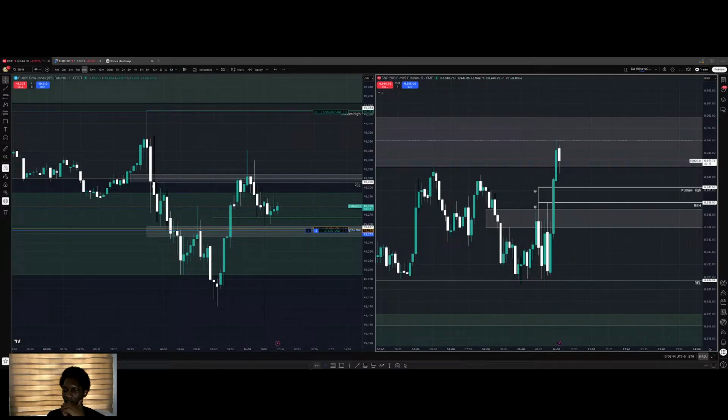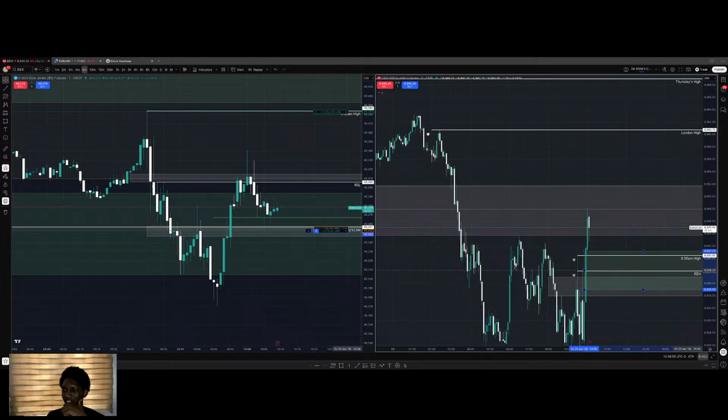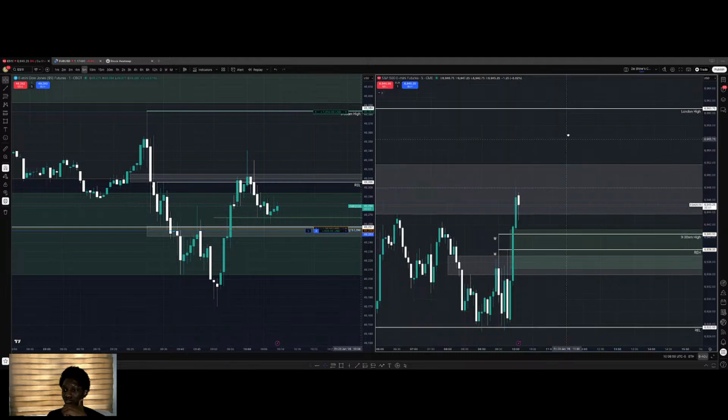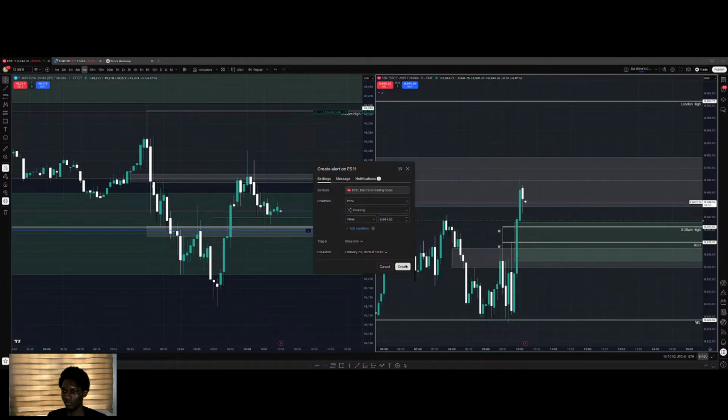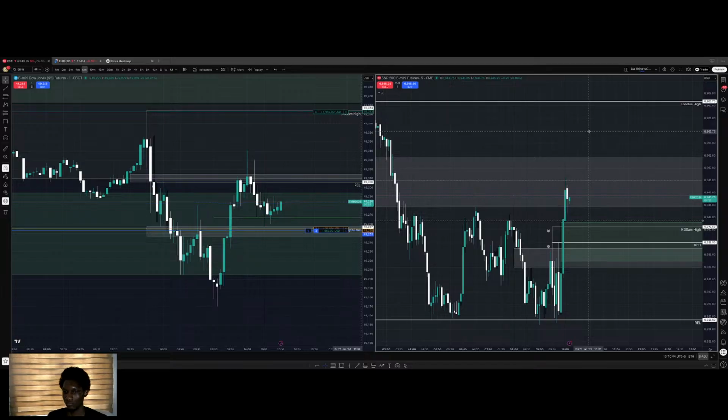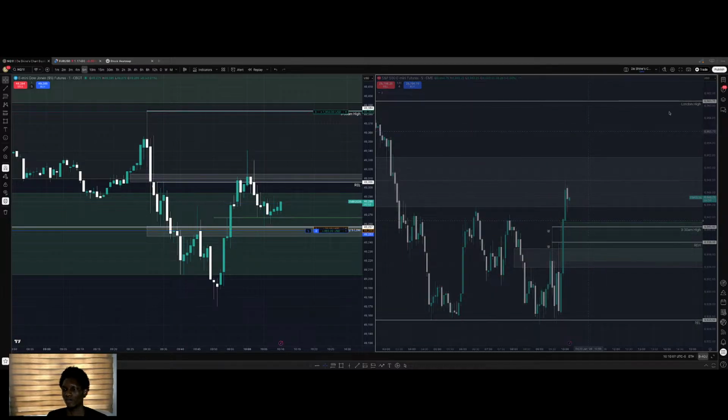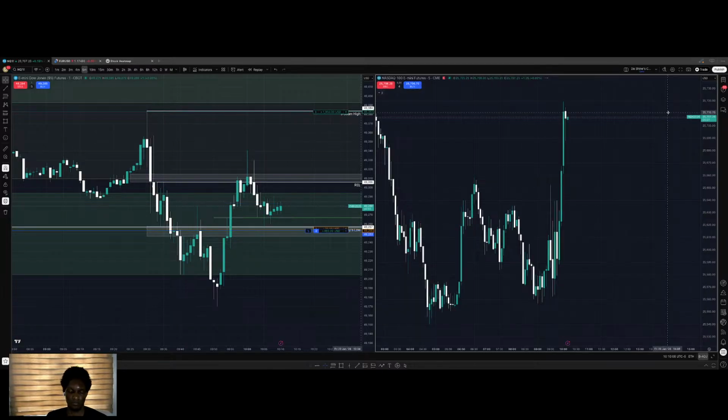We have a 5 minute gap. So for retracing, I want to still respect this. But if you want to buy, I would say buy NQ because NQ is really, really strong.